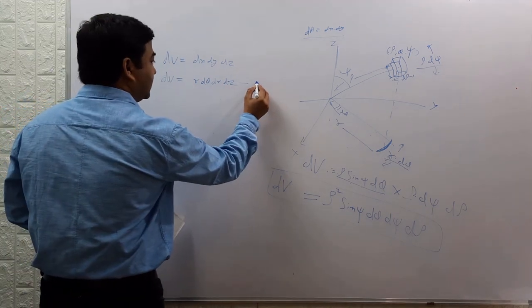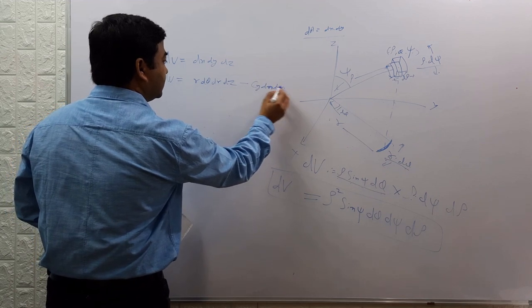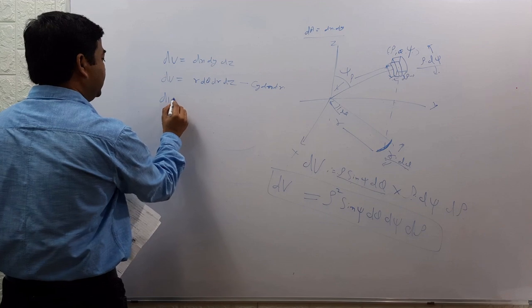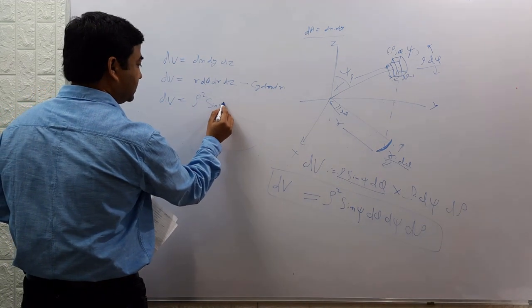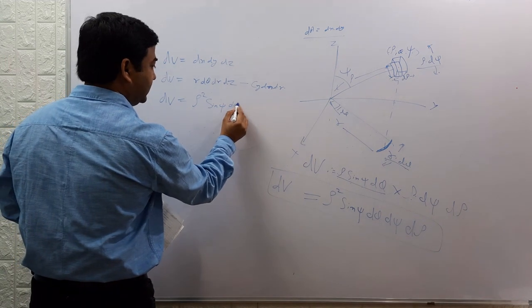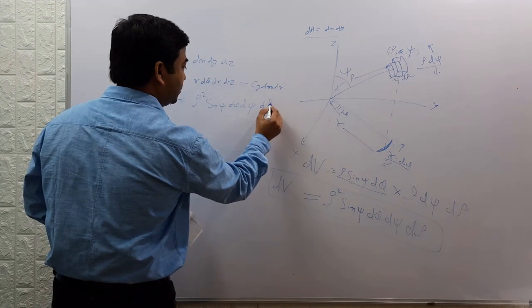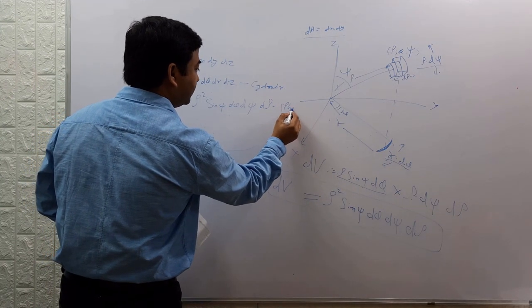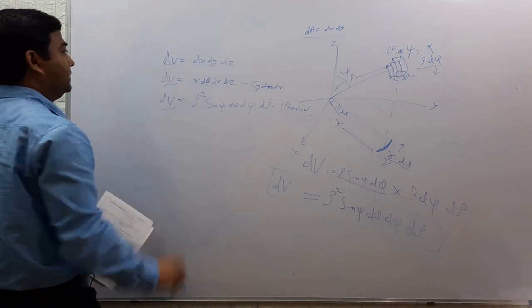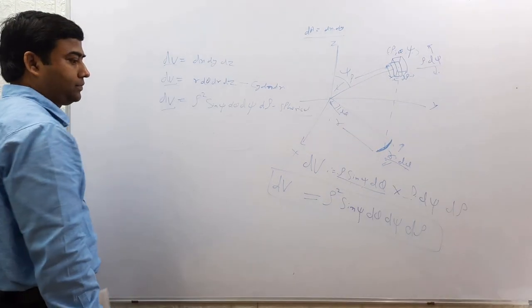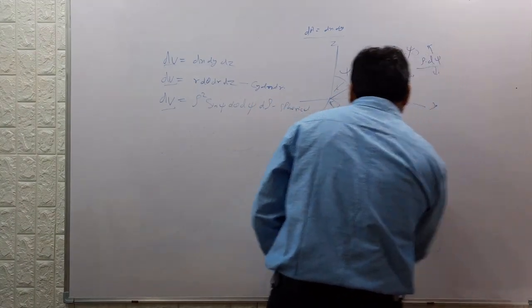It is the cylindrical coordinate system, and in spherical form, dV is equal to rho square sin phi d theta d phi d rho. This is the spherical form. In all forms, we denote dV in different ways. So just remember it. We will use it in future.